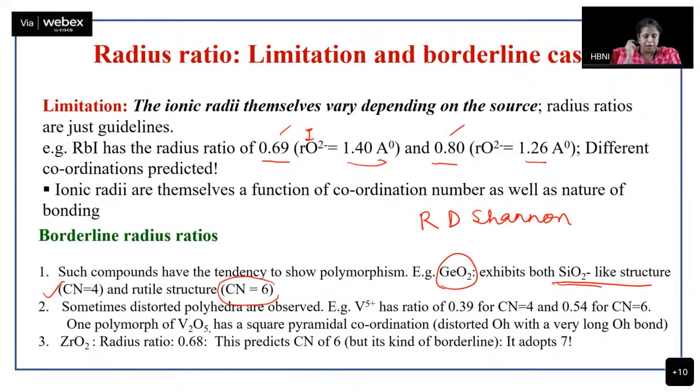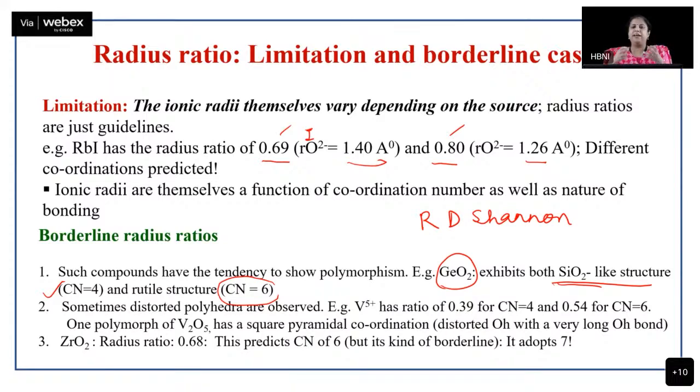Sometimes when your ion is unable to decide, then it adopts very distorted polyhedra also. For example, if it lies between 4 and 6, somewhere in the borderline. It happens in the case of polymorphs of vanadium pentaoxide.